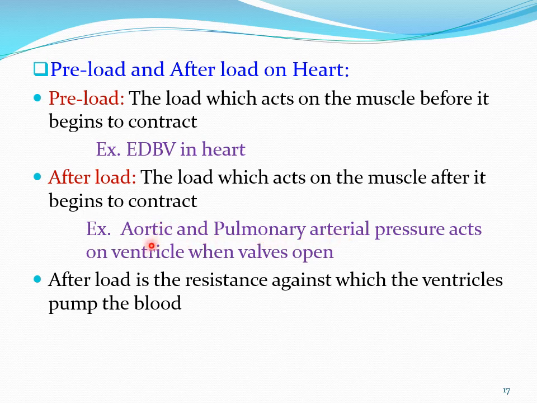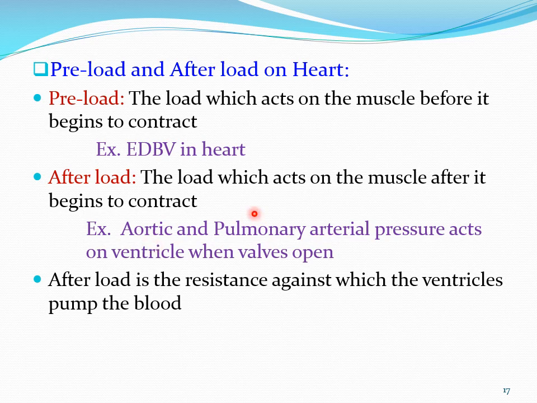The pressure in the aorta and pulmonary artery acts on the ventricle when the valves open, that is called the afterload. So the blood pressure or arterial pressure in the systemic circulation acts on the heart, and that is called the afterload. So afterload is the resistance against which the ventricle pumps the blood.